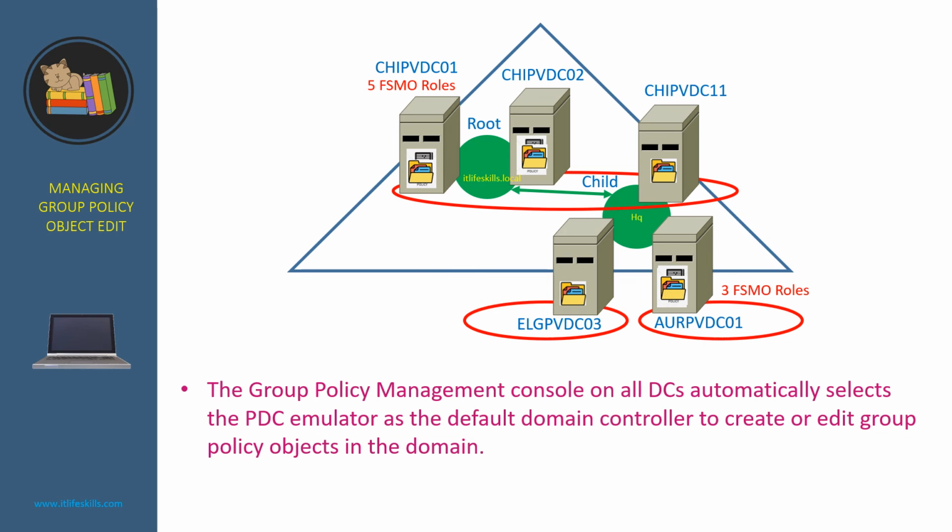However, the group policy container will be replicated to GPVDC11, and then from GPVDC11, it is replicated to LHPVDC03 because of the site replication configuration, and the replication schedule between them is every 3 hours.